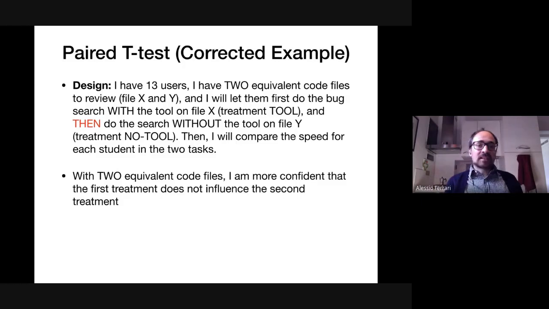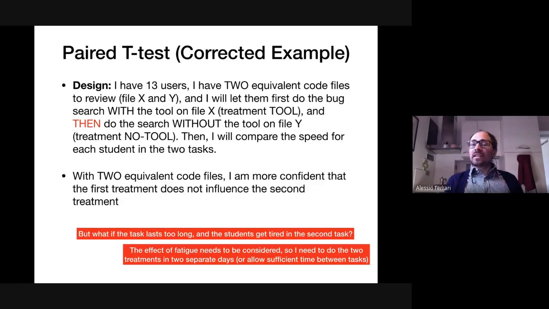So let's correct again the design, and in this case, let's take two files, X and Y, that are equivalent, so they are comparable. They have the same number of bugs, but they are different. In this case, I will use file X with the tool and file Y without the tool. In this case, I am more confident that the first treatment does not influence the second treatment, so they are really completely independent.